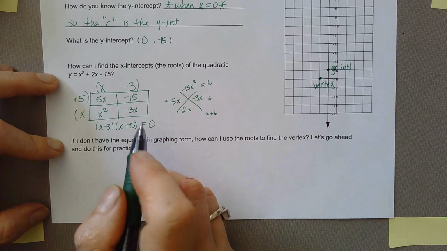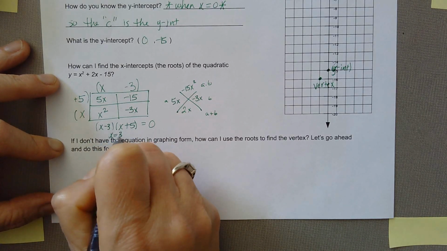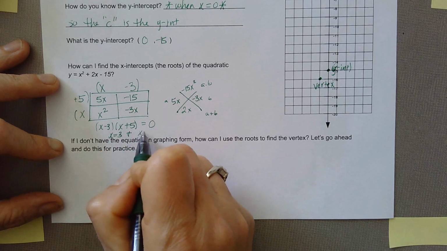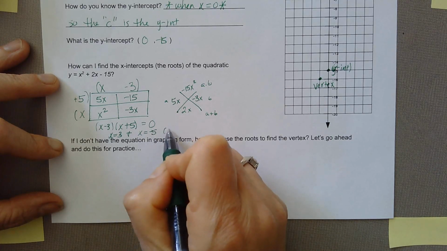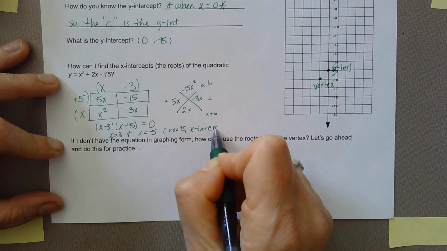So what values of x make this true? Positive 3 minus 3 equals 0, so x equals 3. Negative 5 plus 5 equals 0, so x equals negative 5. These are my roots, also known as my x-intercepts.